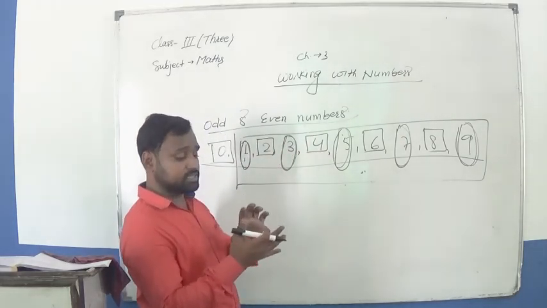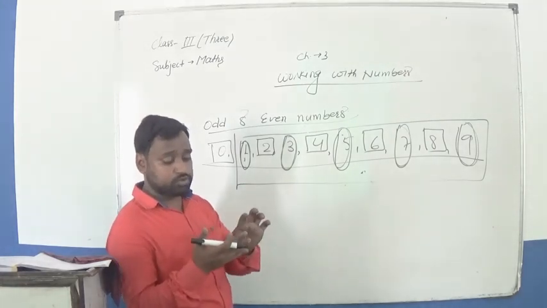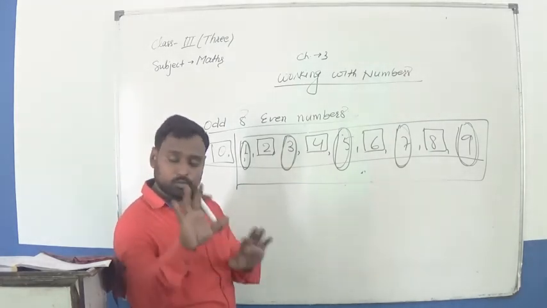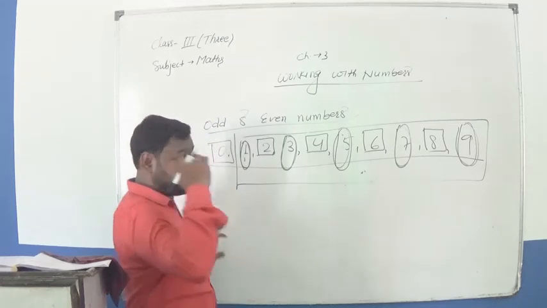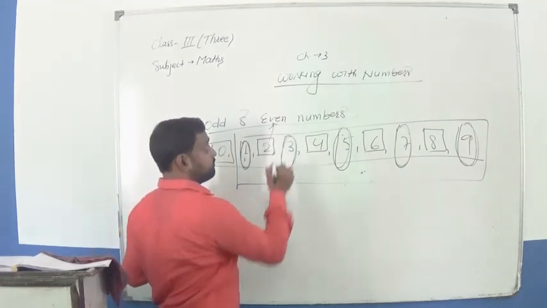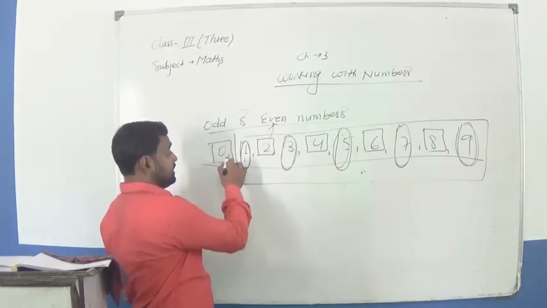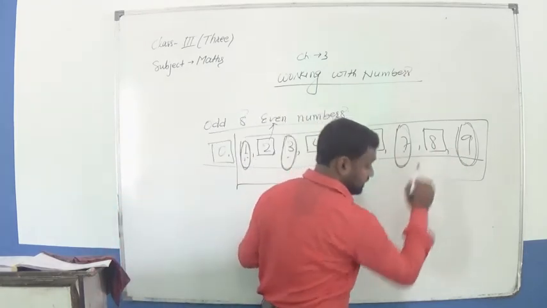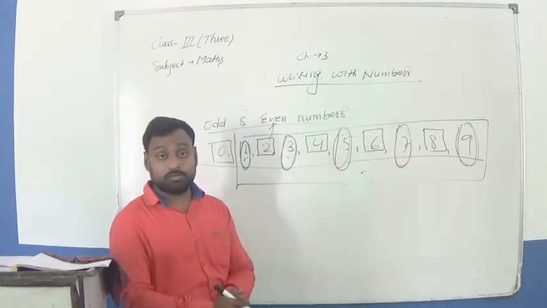0, 2, 4, 6, 8. Only these five digits you have to keep in mind for even numbers, and 1, 3, 5, 7, 9 represent odd numbers.